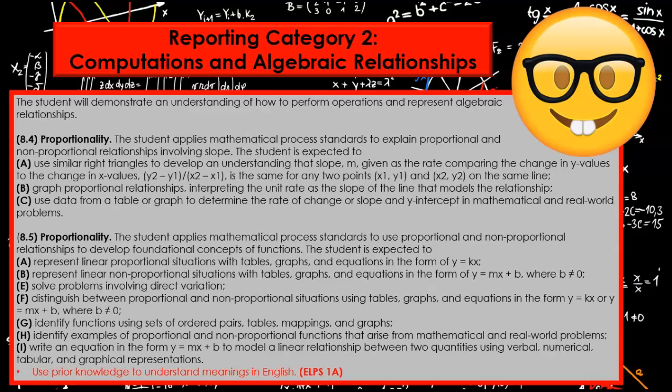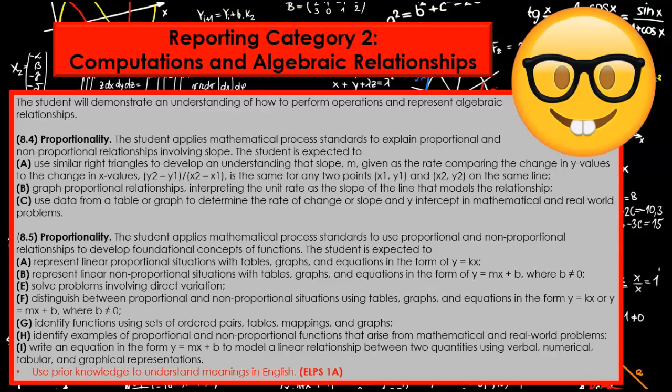So 8.4 is proportionality. We're looking at similar right triangles, how to graph proportional relationships, and talking about rate of change, slope, and y-intercept. Then 8.5 goes over more proportional situations in tables, graphs, and equations.